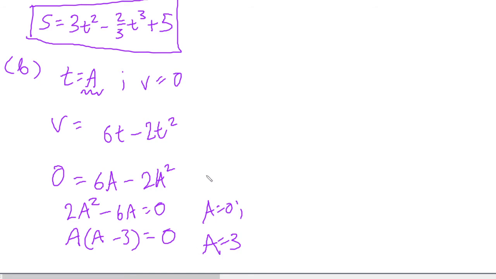And since a is greater than 0, as stipulated in the question, a must be equal to 3. So that's the time, 3 seconds, when the particle is at rest.